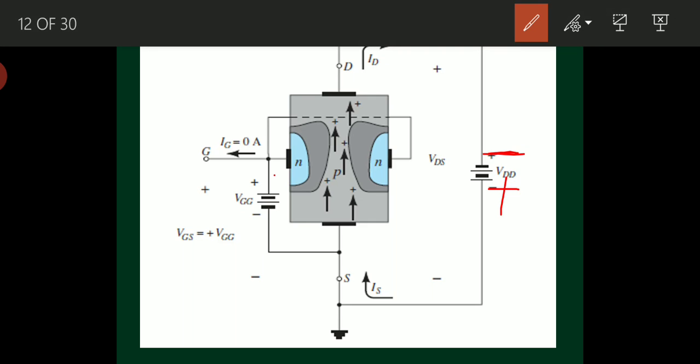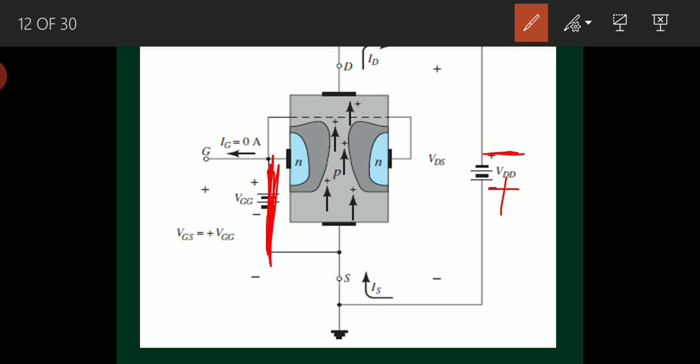Now case 1, when VGS is equal to 0. VGS equal to 0 means I am short circuiting this terminal, so the gate and source terminals are at the same potential. I have told you that the FET has high input impedance.